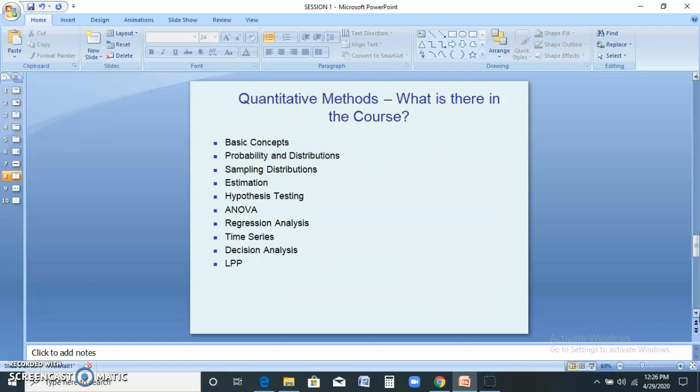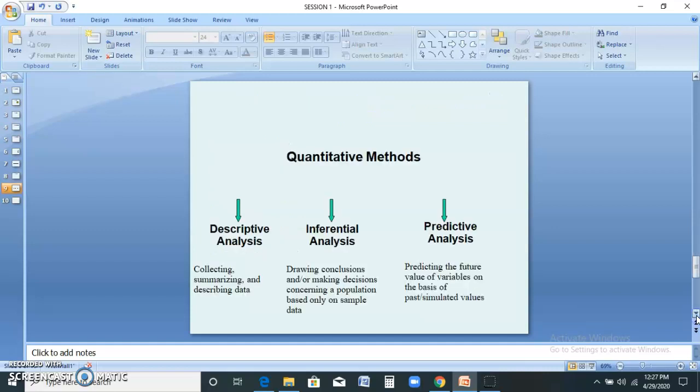Now, what is there in this particular course? The course will start with basic concepts and will move through probability, sampling, estimation, testing, regression, and will end with linear programming problem.